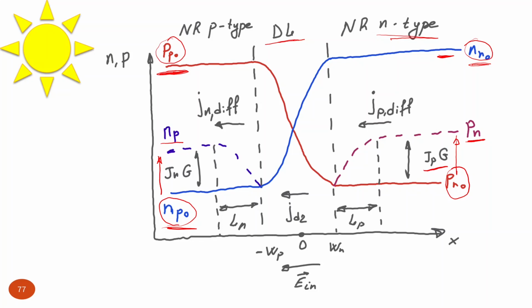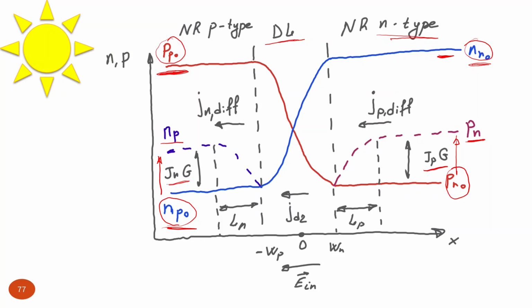So, from the other side, we can also define the concentration of these non-equilibrium minority charge carriers. They are still minorities, much lower than the majority charge carrier concentration, but much higher than the equilibrium minority charge carrier concentration.